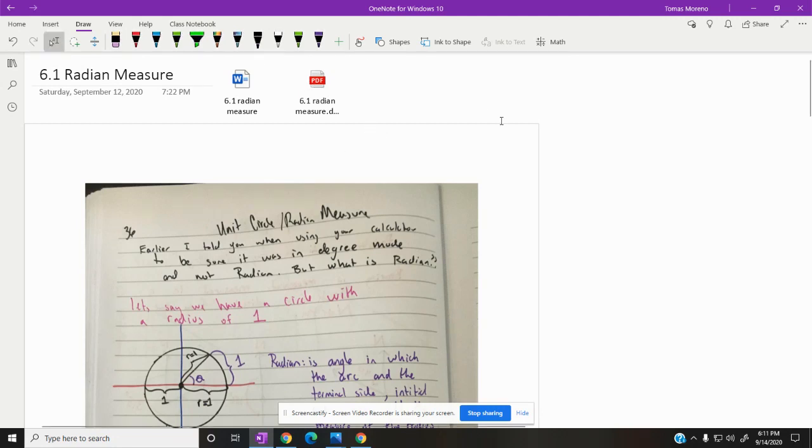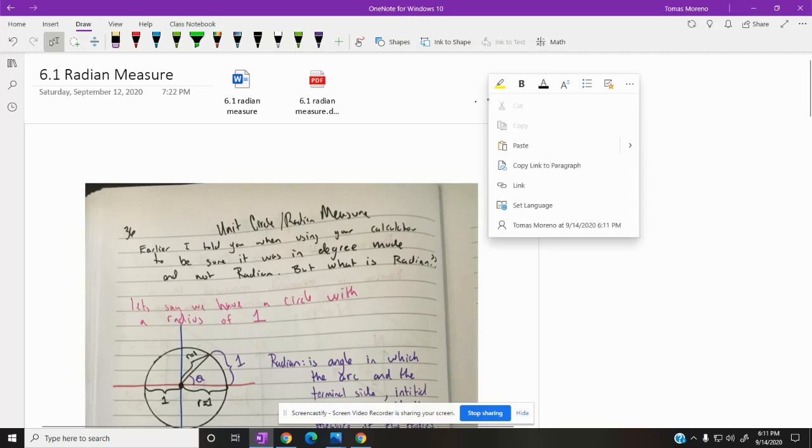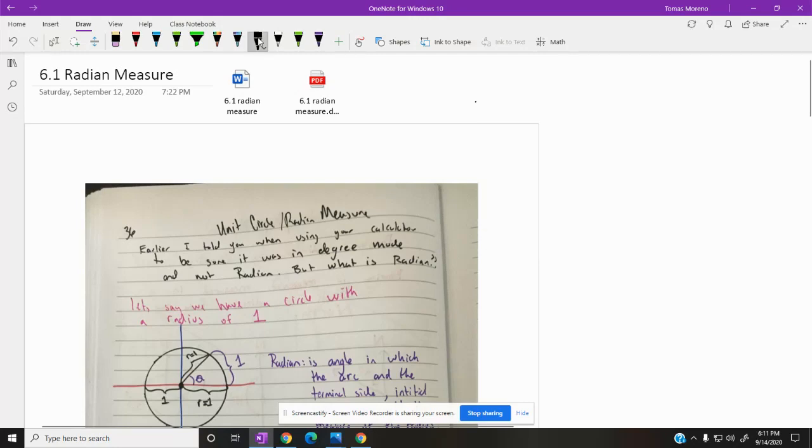And the reason being is that when we were plugging this in, say I was asking something like tan of 30 degrees, right? And instead of getting the answer, people were getting some weird decimals, like 0.11111, whatever.